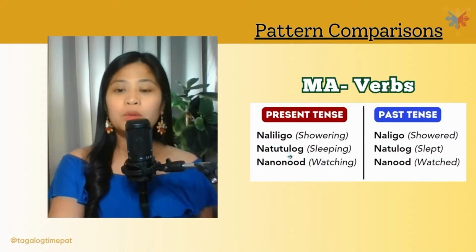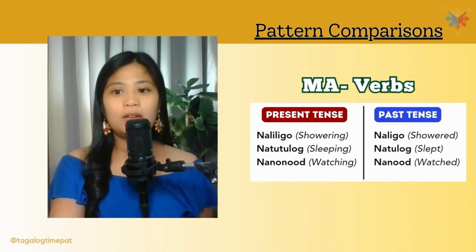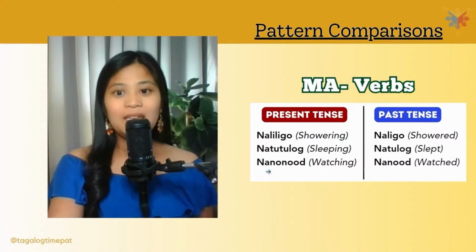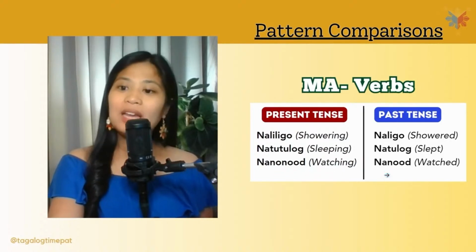For the verb matulog, in the present tense, it's natutulog siya. So natutulog is sleeping. In the past tense, it's natulog. That means slept. Then for the verb manood, in the present tense, it's nanonood. Nanonood ako. I am watching something. In the past tense, it's nanood.